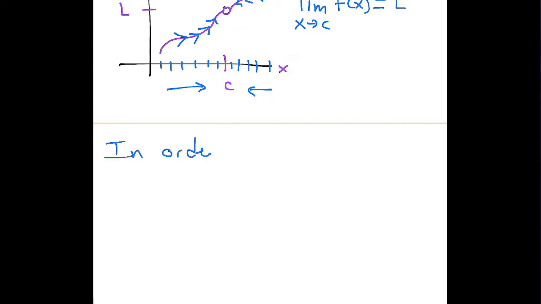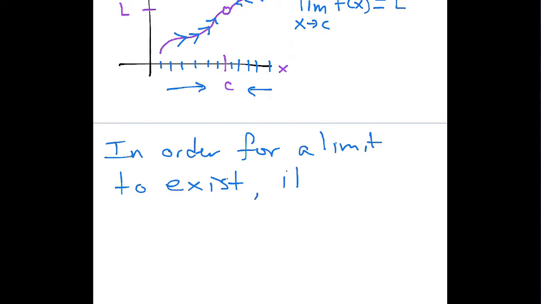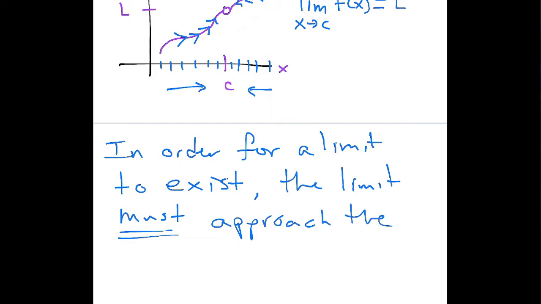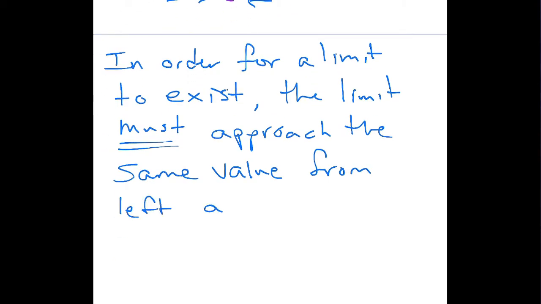In order for a limit to exist, the limit must approach the same value from the left and the right.